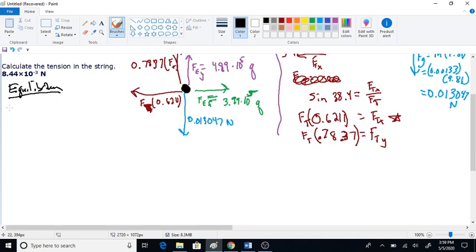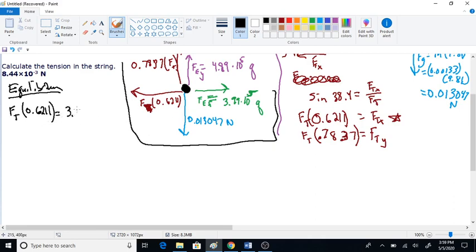So this one, Ft times 0.6211 equals 3.99 times 10 to the fifth times q. There's two variables in there, so we cannot solve that yet. We have to do the y direction now.